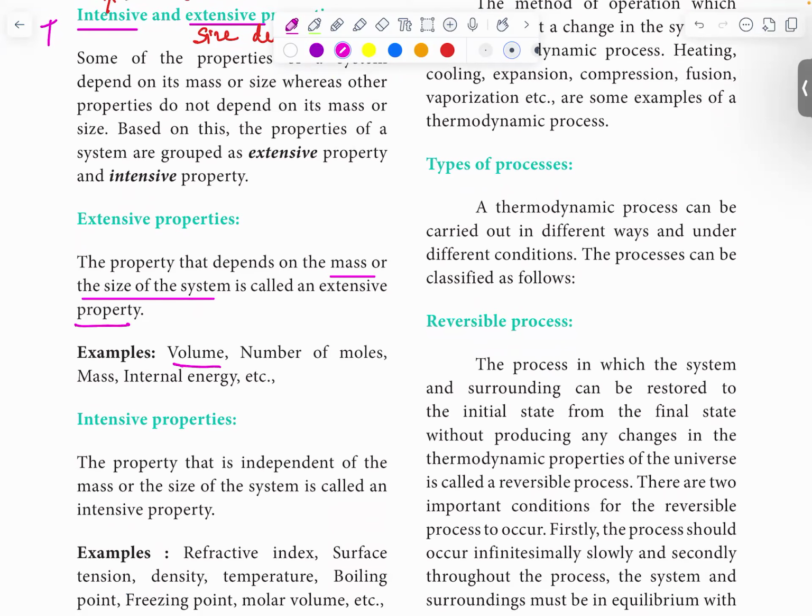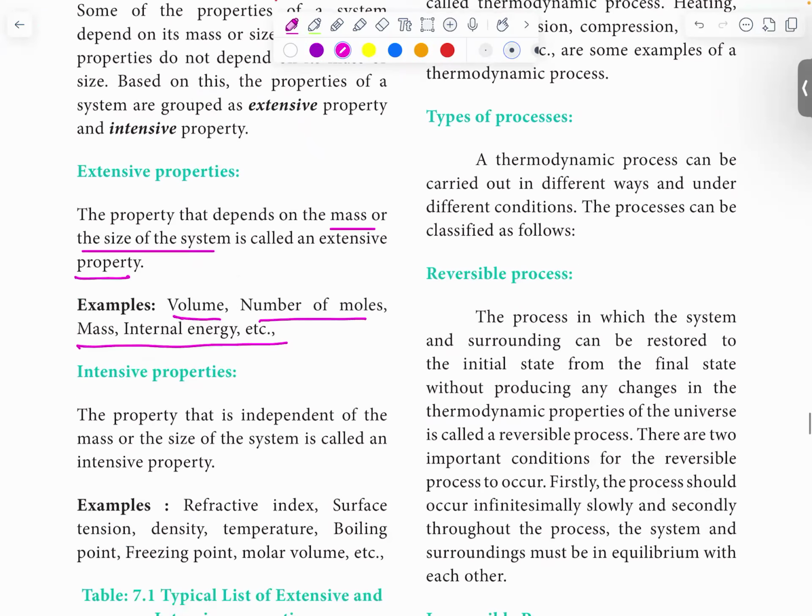There are many examples: volume, number of moles, mass, internal energy, even all the thermodynamic parameters like delta H, delta S, delta G are definitely extensive properties. Even heat capacity, which you will learn in the chapter, is also an extensive property.